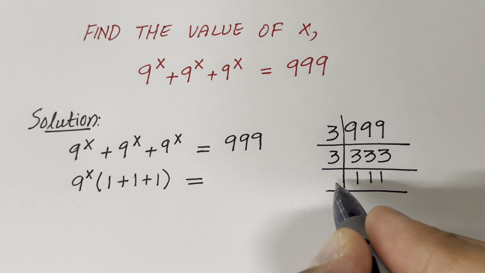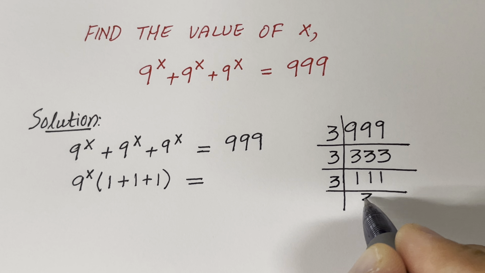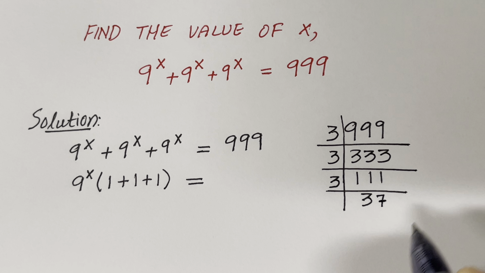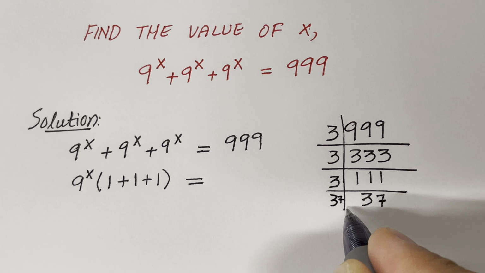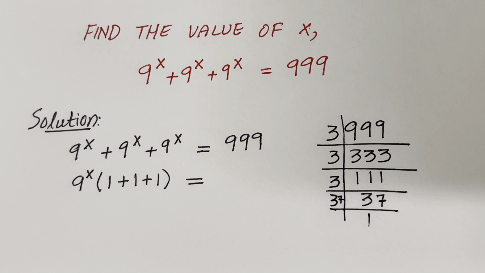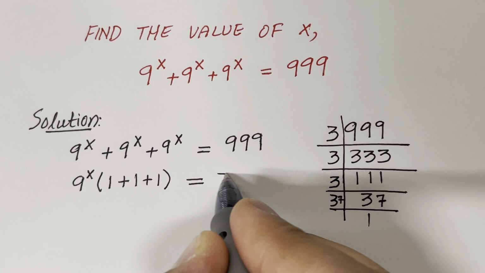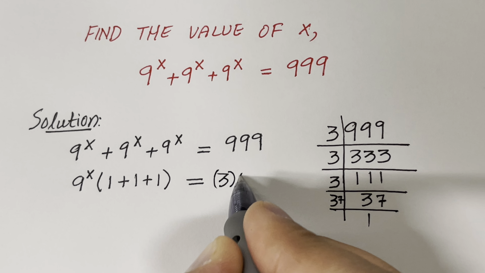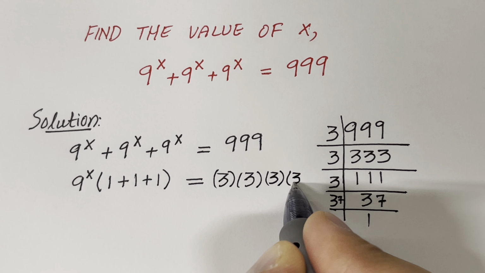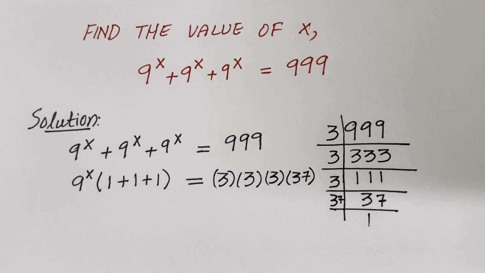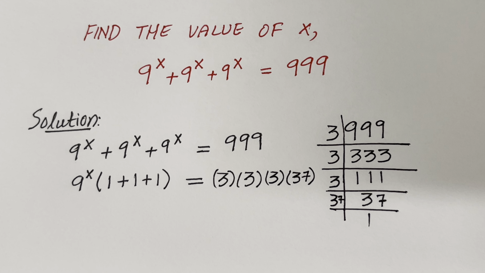Again we can divide 111 by 3 and the answer is 37. And 37 is a prime, so it will be divided by itself only. So these are the factors of 999, and the factors are 3, 3, 3 and 37.